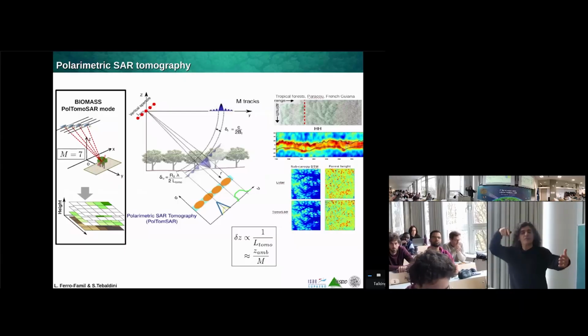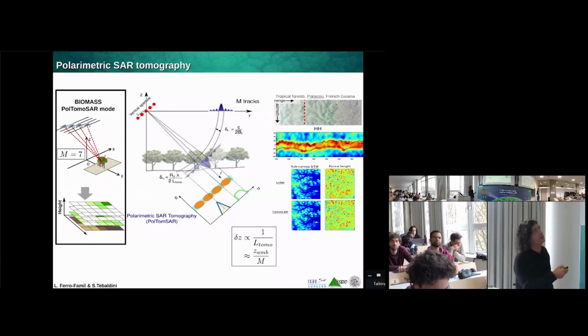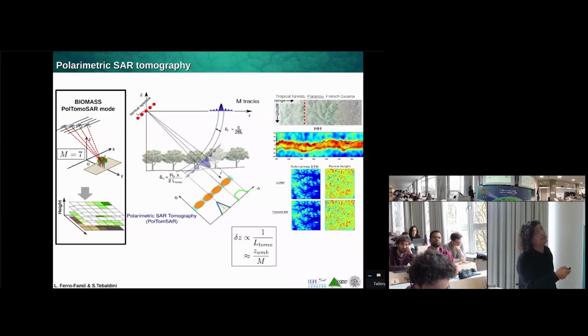The wave is reflected on the ground, bounces on the trunk of the trees, and goes back to the radar, and this creates all this reflectivity of this surface here, which can be observed very well with tomography.